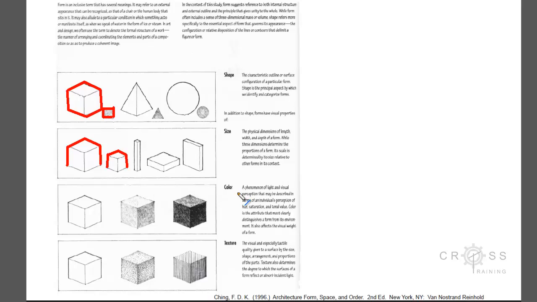And color is another way that we can define form. And then we have texture. Sometimes your form may not necessarily have a hard edge, such as a shadow. So instead we look at the color. And then we see texture, this being utilized a lot with paving patterns. You can define form using different paving patterns, which eventually helps you to define space.